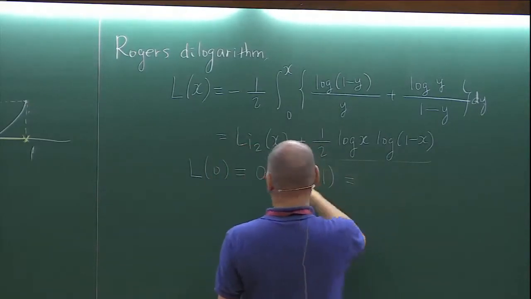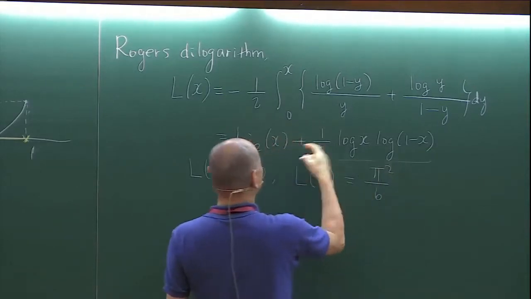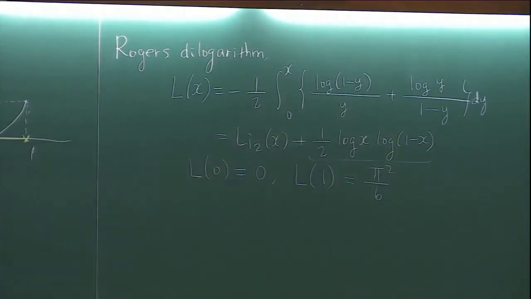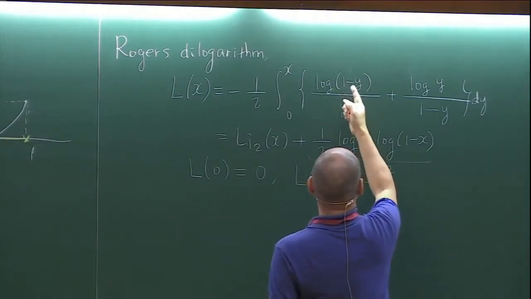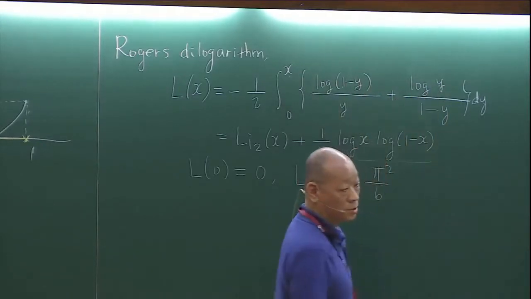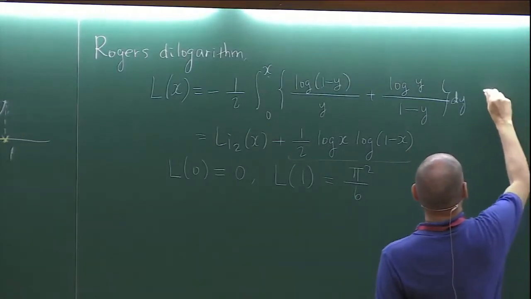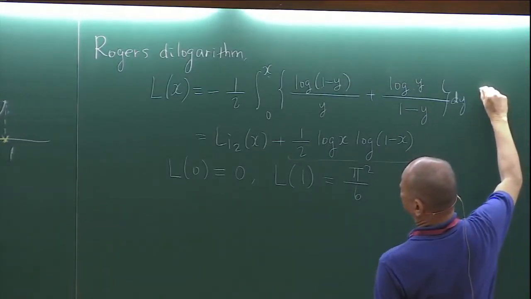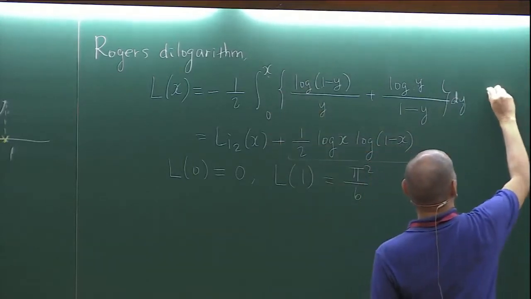So the number is still the same; this factor is 0 at x equals 1. But now, not only is there an obvious branch at x equals 1, we also have an obvious branch at x equals 0. So once again, this is a multivalued function, if you consider this integral as an analytic continuation.